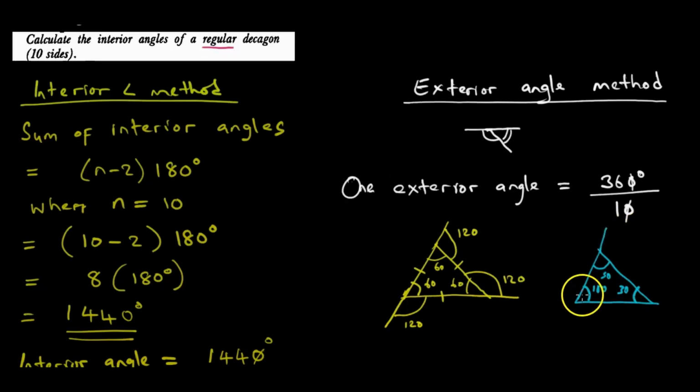What do my exterior angles look like? Here the exterior angle we get from 180 minus 100, so that it's 80. Here we say 180 minus 50. What do we get? We get 130.